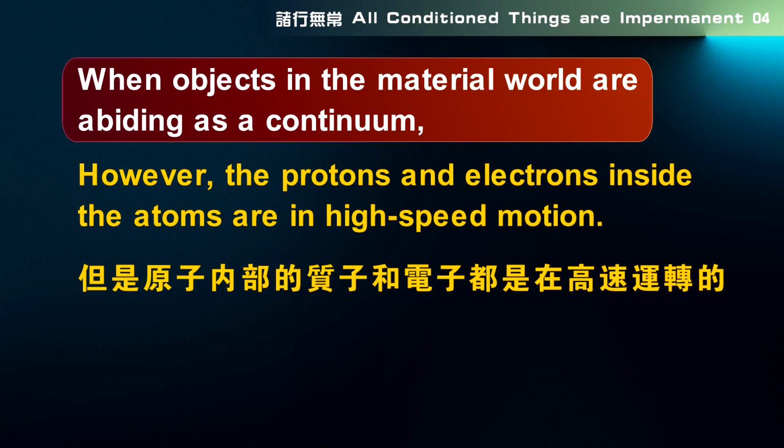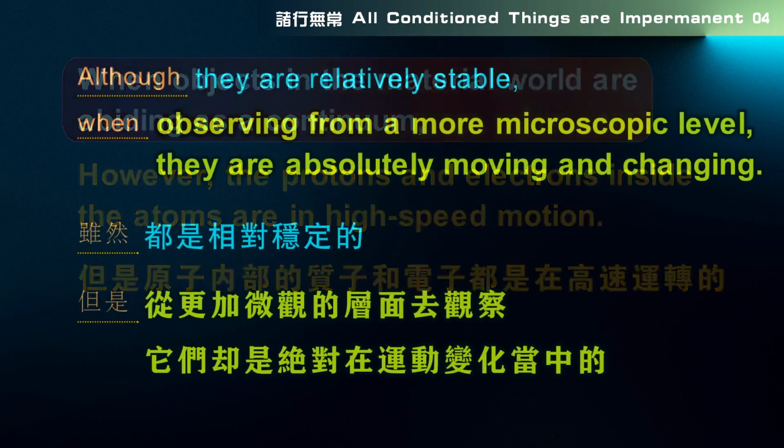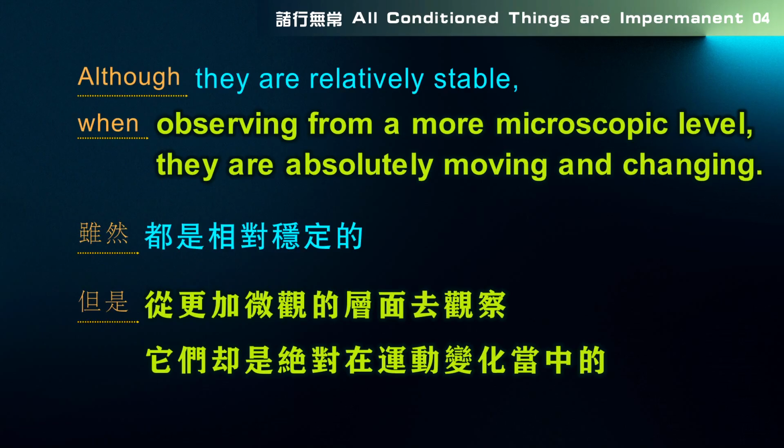However, the protons and electrons inside the atoms are in high-speed motion. Although they are relatively stable, when observing from a more microscopic level, they are absolutely moving and changing.